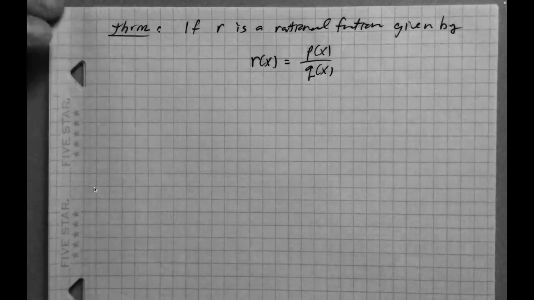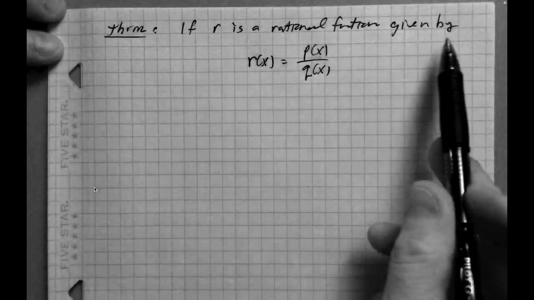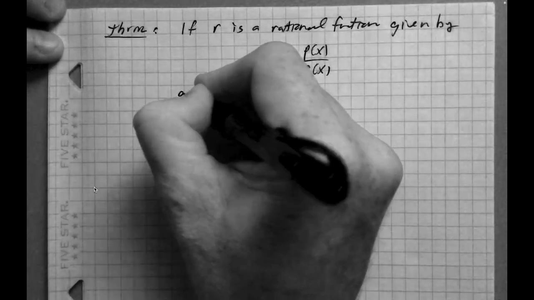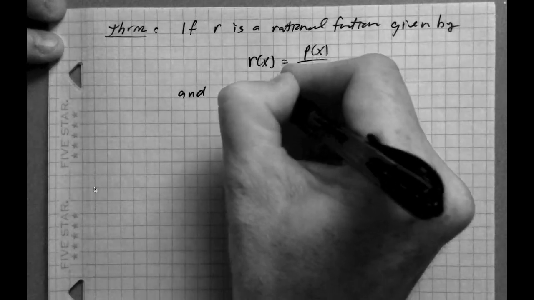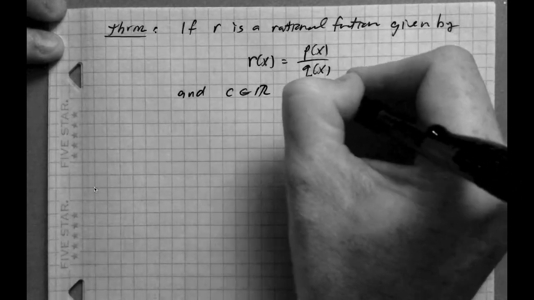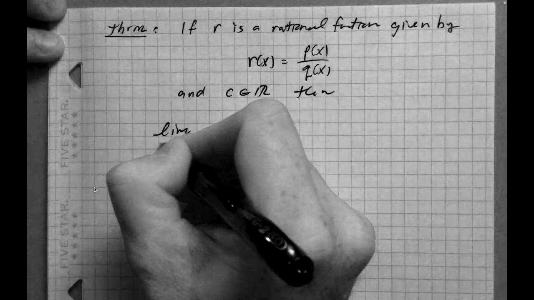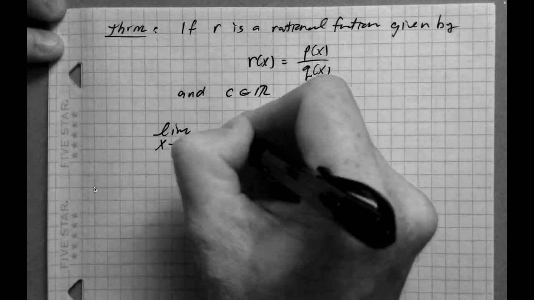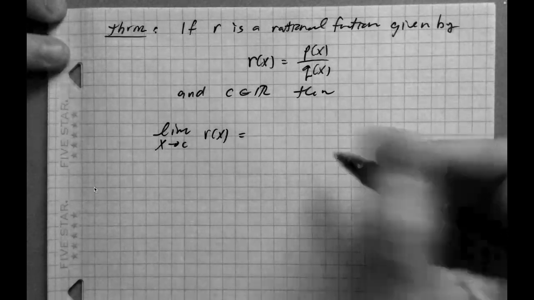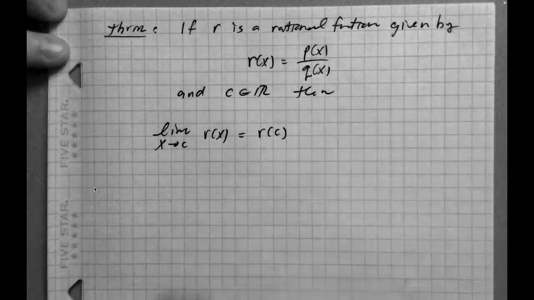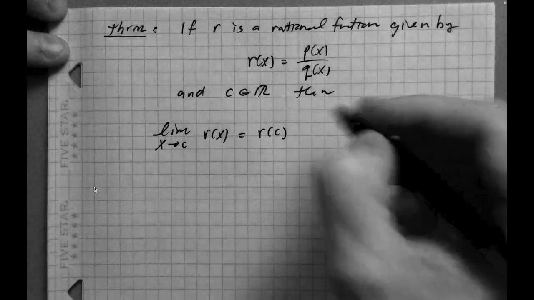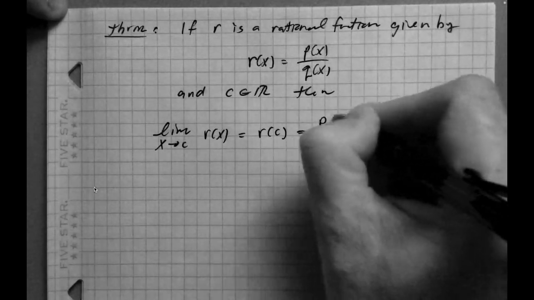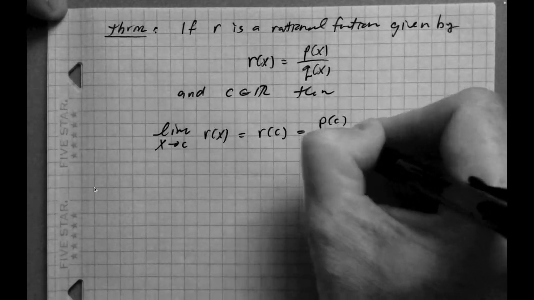So if r is a rational function given by this, and I guess we should say c is a real number naturally, then the limit as x approaches c of r of x is just going to be equal to r of c, which, because of how we've defined r here, is going to be p of c over q of c.